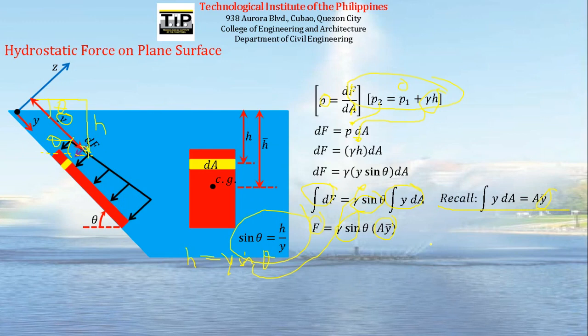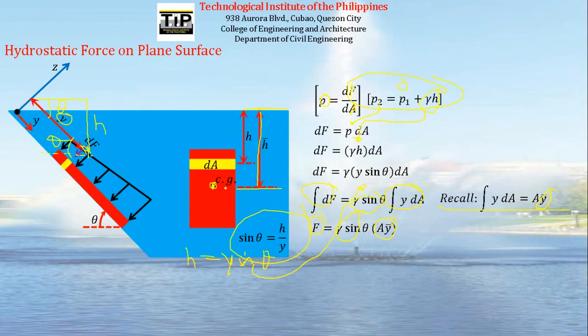So when we say H bar or Y bar, that is the vertical distance from the top, from the surface, up to the center of gravity of the flat surface.